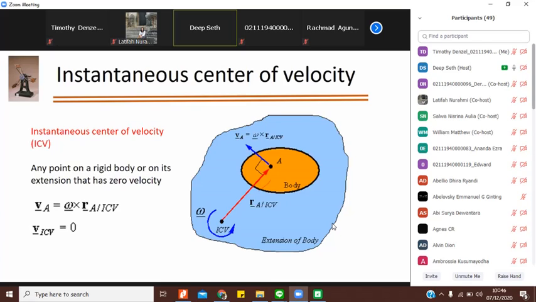And with respect to the ICV, your body will have some velocity, and that is VA.